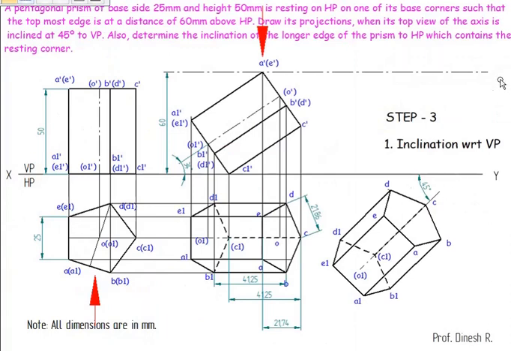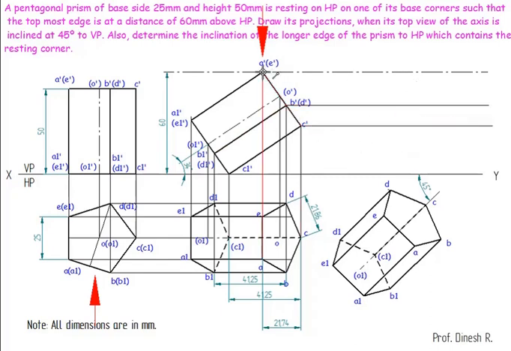The third step is we need to get the front view. First we are going to project it from A dash, then draw these lines, then C. Project this A till where A is, then go to this B point. B dash is here, then go to C. C is still here, D is still this point, E point is here.